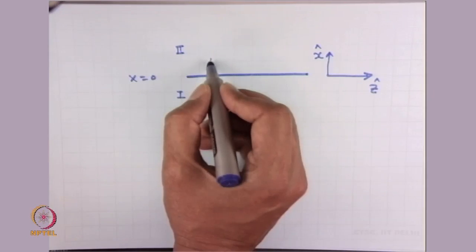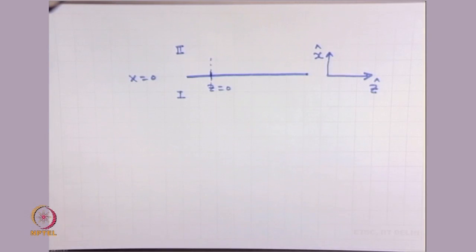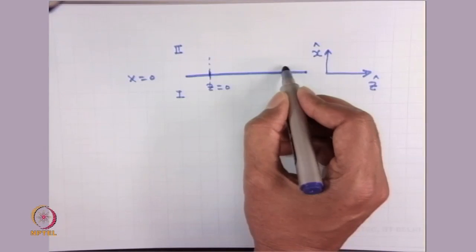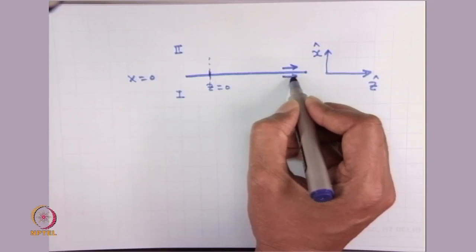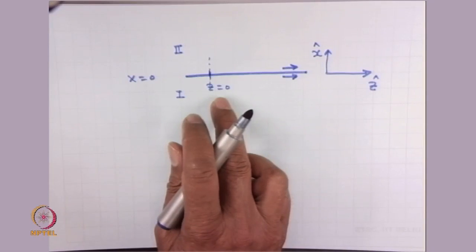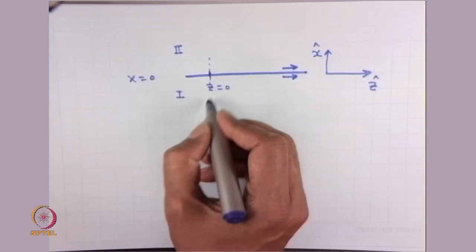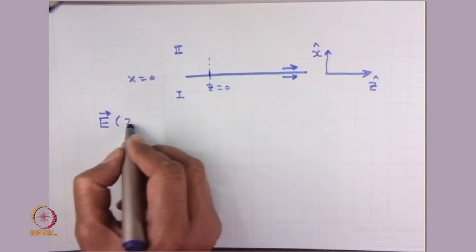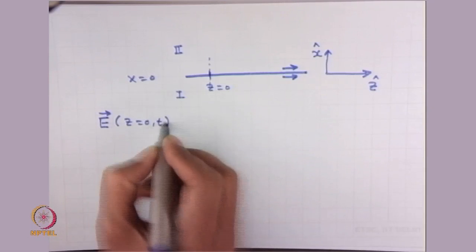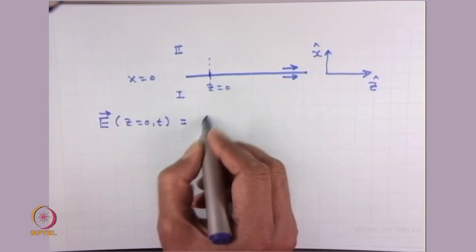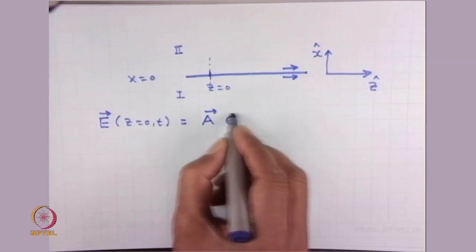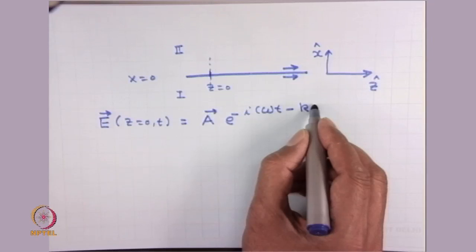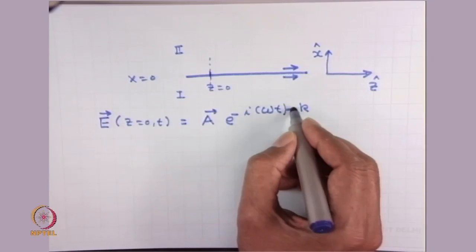When I look for wave propagation, I say that the electric field of this wave, which is traveling in the z direction, at z equal to 0 at time t, suppose I choose it to be sinusoidal of this form: A exponential minus i omega t. This is the sort of variation I am presuming.